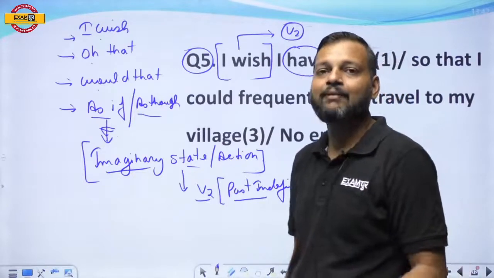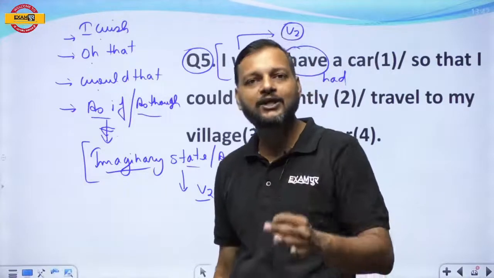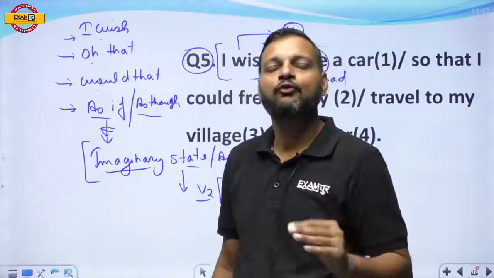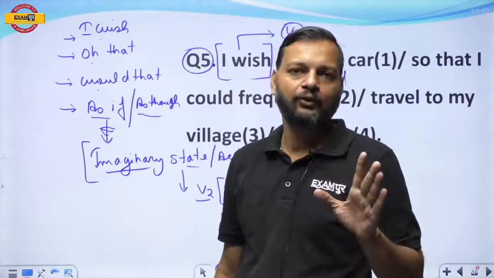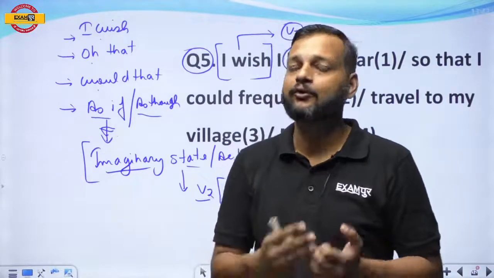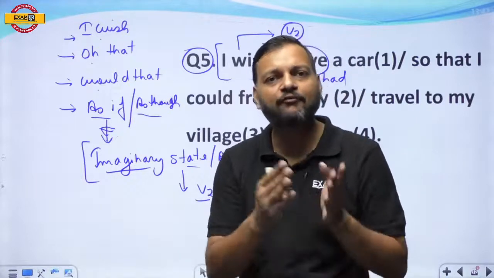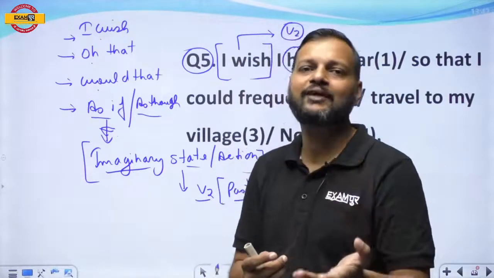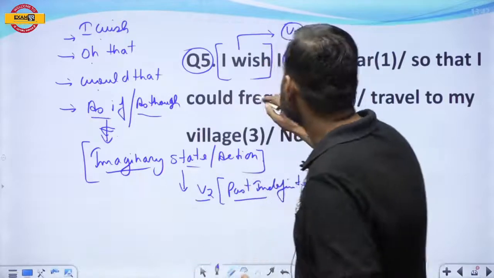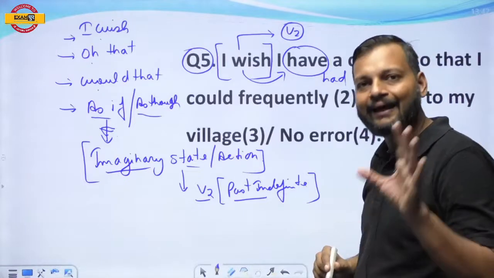Abhay Shukla, imagination does not mean were. Imagination means the second form of the verb, whatever the verb is. You are saying that after imagination you have to use were. No. You have to use the second form of the verb, whichever the verb is. For example, here, I wish is followed by have.